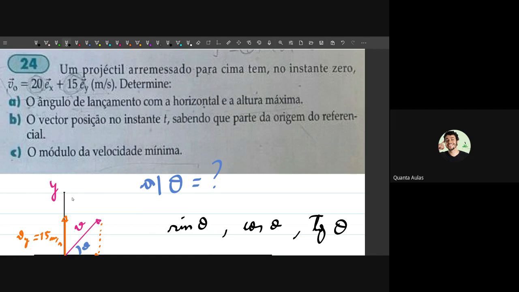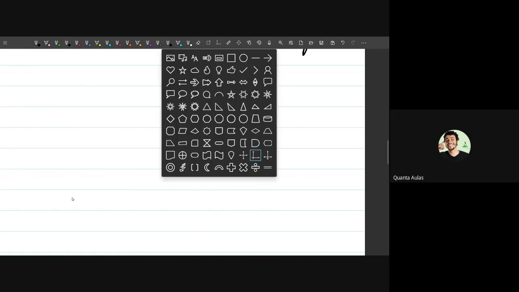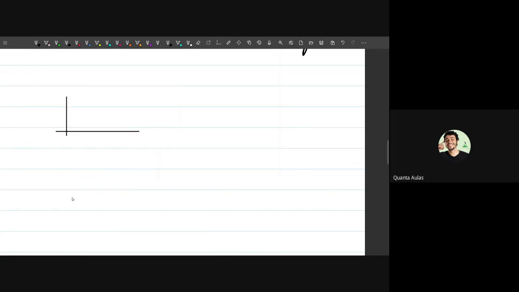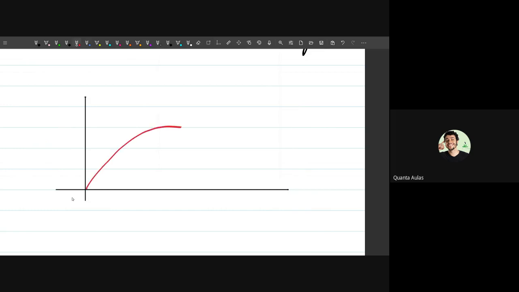The modulus of the minimum velocity. I spoke to you about this in the final class. The modulus of the maximum, the minimum velocity. We can understand this problem by drawing the graph here. Our motion is something like that. Do you remember, I suppose?